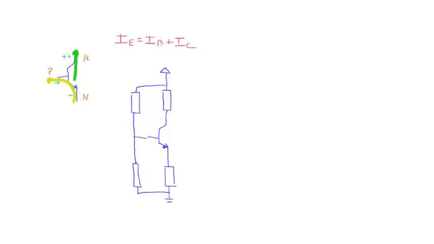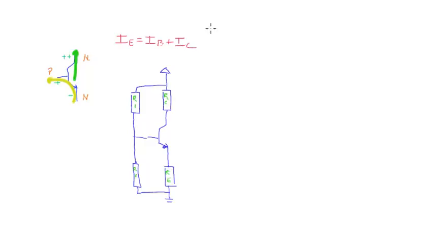Alright, so if we call this resistor R1 and this one R2, call this R collector and R emitter. Alright, standard voltage divider bias. So we said to get this circuit to operate, for the transistor to turn on, you need some base current, and that the current in the collector will be amplified by some amount.